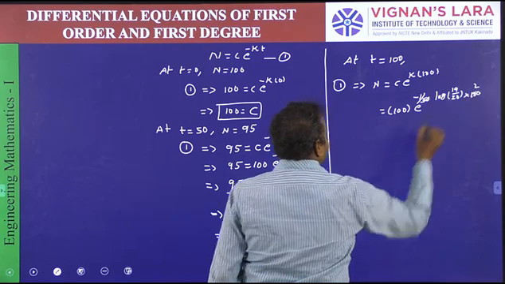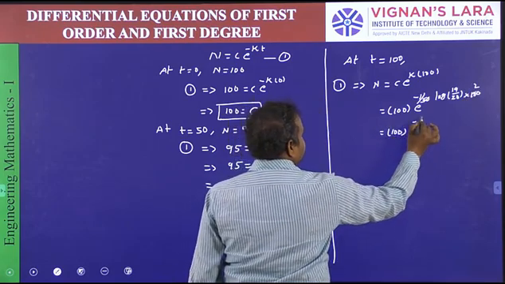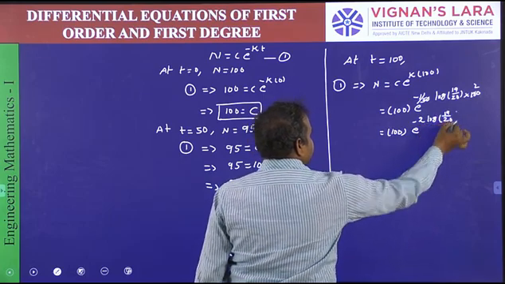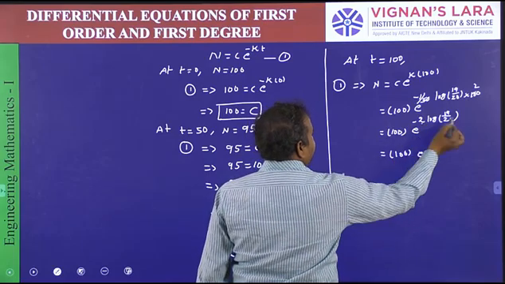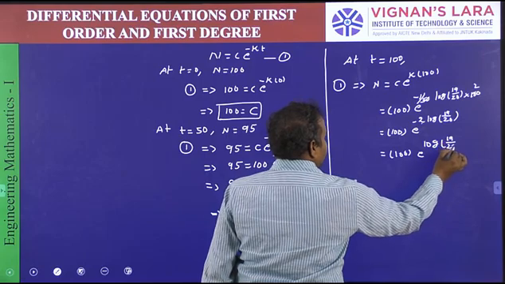Cancelling, we get 100 into e power minus 2 into log of 19 by 20. Here we have the form b log a, which can be written as log of a power b.